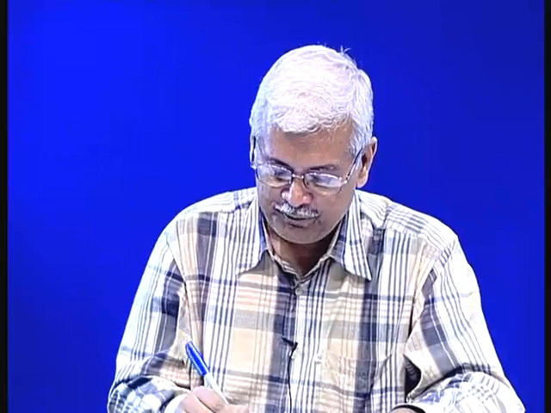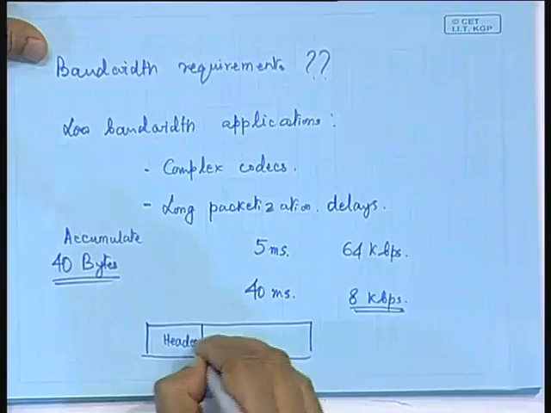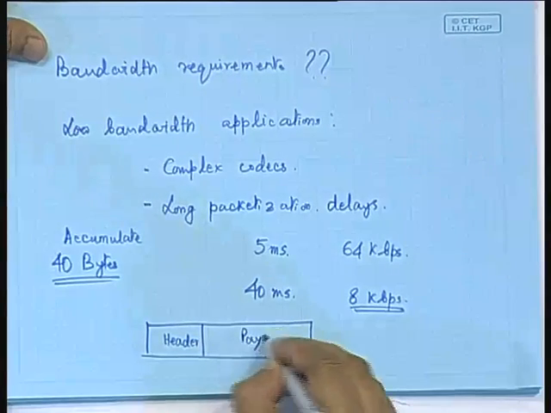And if you are reducing the size of the packet, you are reducing the payload present in the packet, then it leads to inefficiency, because for a packet transmission there are two parts. You have the packet header, and the packet header is followed by the payload.